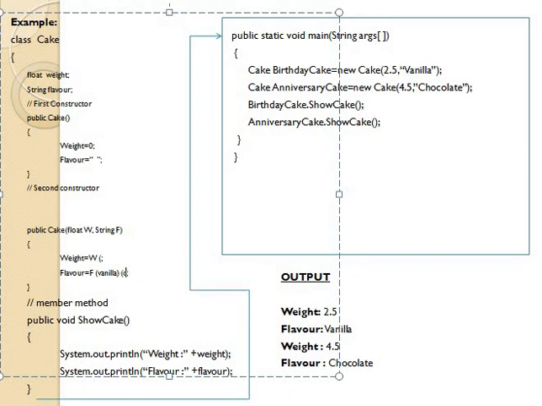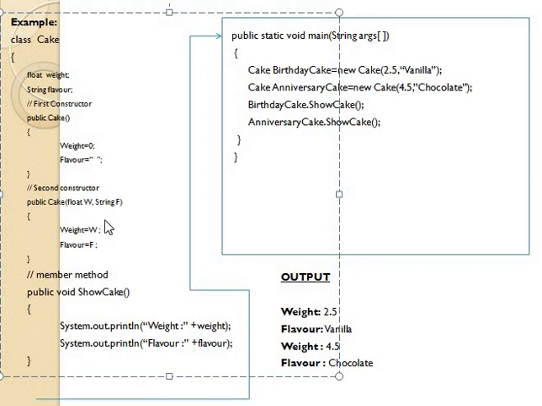So let the program be as it is. So now it's just like as it was before, just these arguments are assigned as values to the data members.